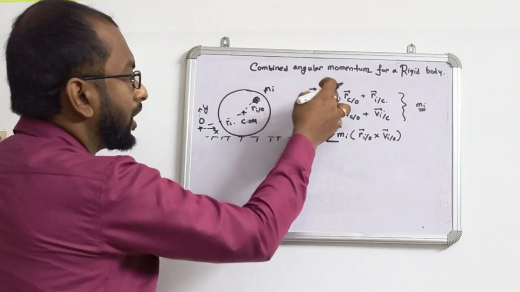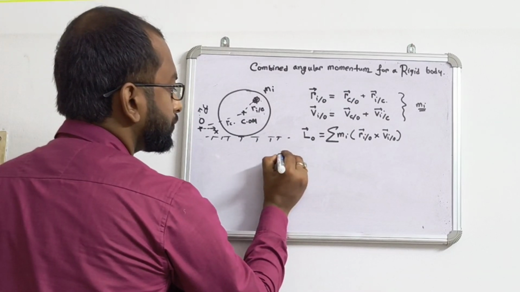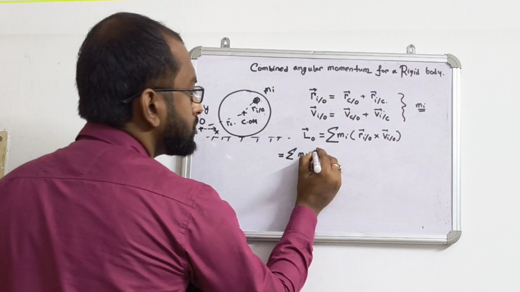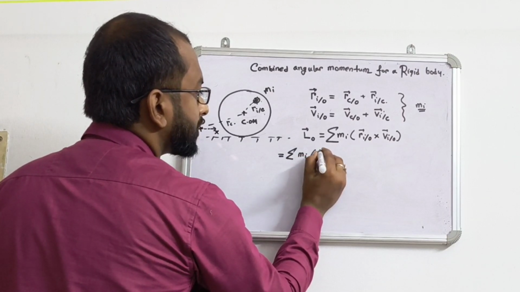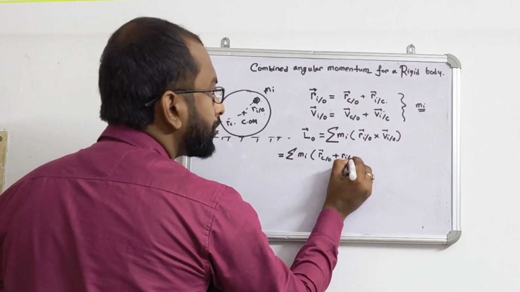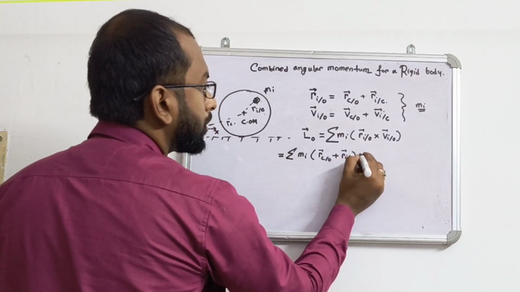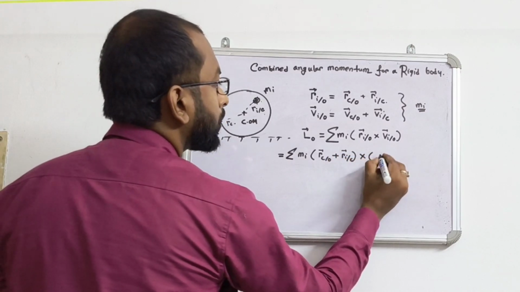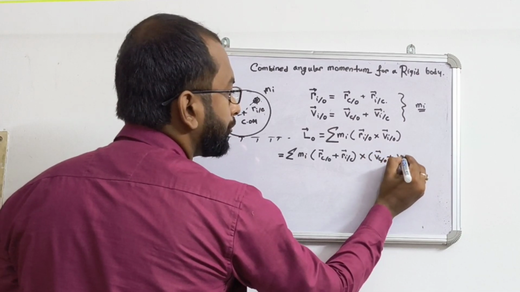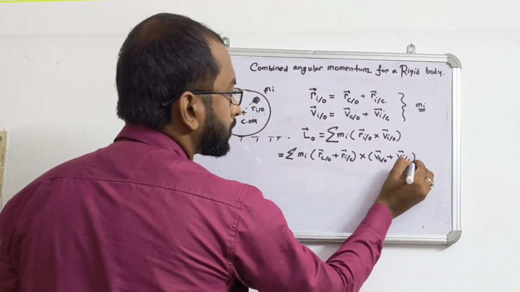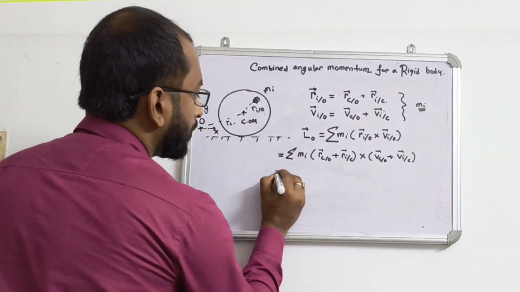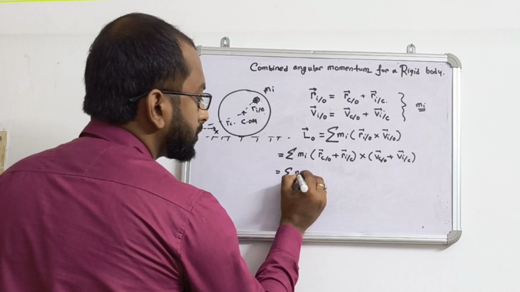Now let us put these values here. Summation of mi, rc with respect to origin plus ri with respect to center, cross, vc with respect to origin plus vi with respect to center. Now we will get 4 parts.